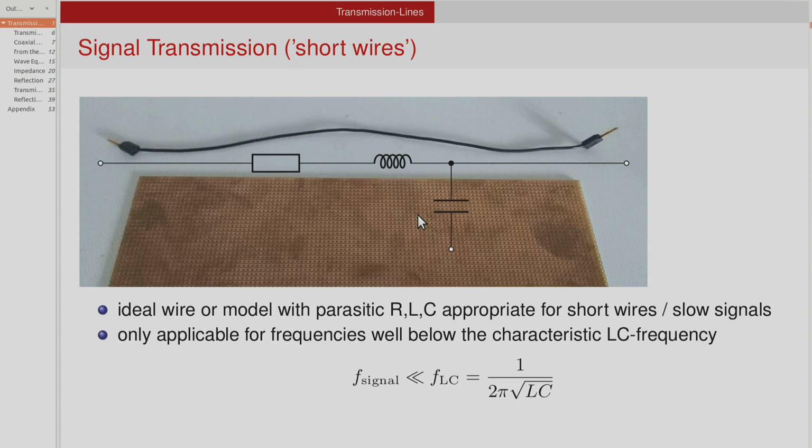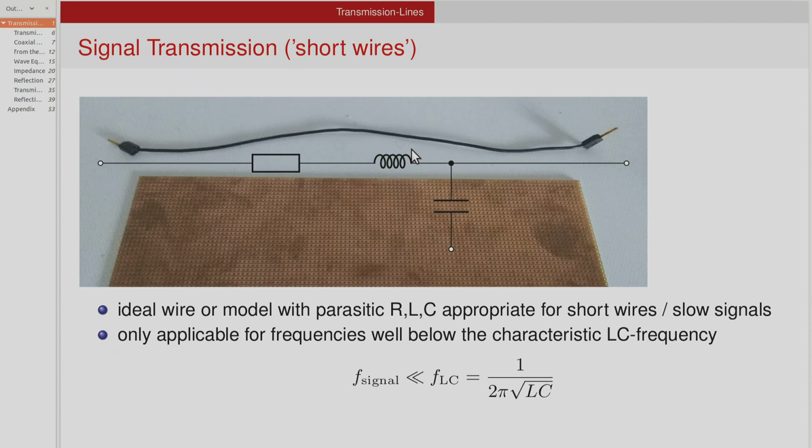And the applicability is basically limited by the range where this circuit would really behave like an LC resonator. So when you get into frequencies where the resonance here would become relevant, then it's clear that you're stretching this simple picture too far.